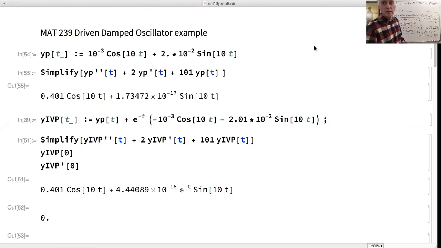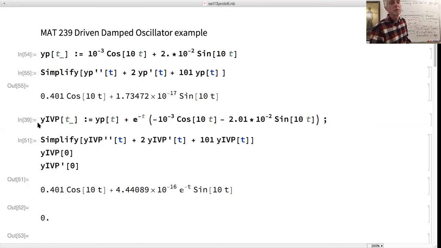And if I actually computed yp double prime plus 2yp prime plus 101yp, lo and behold, I get 0.401 cos 10t plus something times 10 to the minus 7, that's a 0, right? So when I plug in yp, I satisfied the equation.